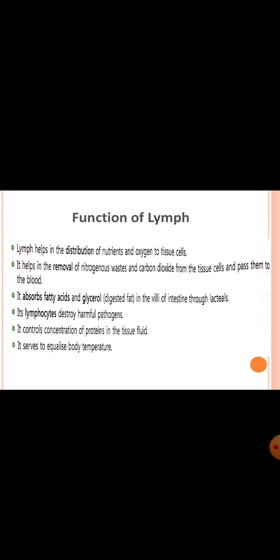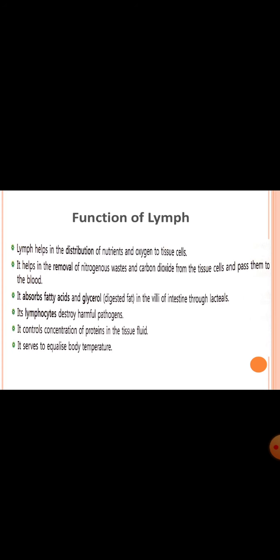Now the function of lymph. Lymph helps in the distribution of nutrients and oxygen to tissue cells, and it helps in the removal of nitrogenous waste and carbon dioxide from the tissue cells and passes them to the blood.